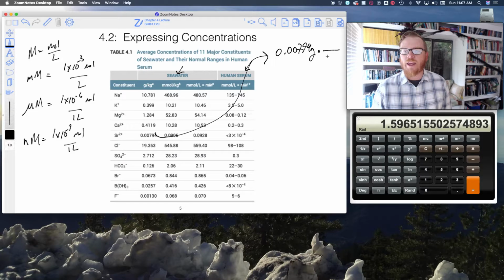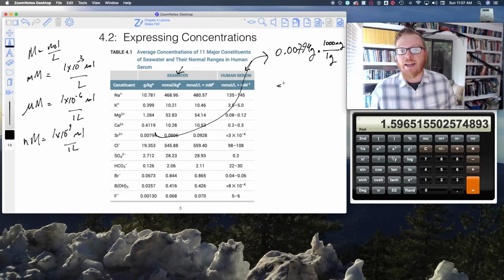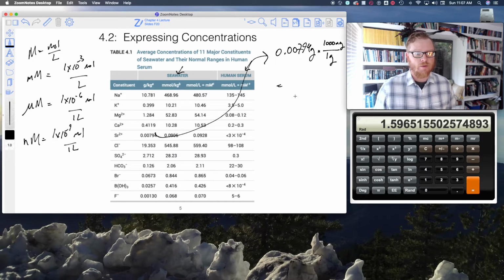So I know in 1 gram, there's 1,000 milligrams. So that equals 7.94 milligrams. And look at the unit. It's 7.94 milligram of solute per kilogram of solution.